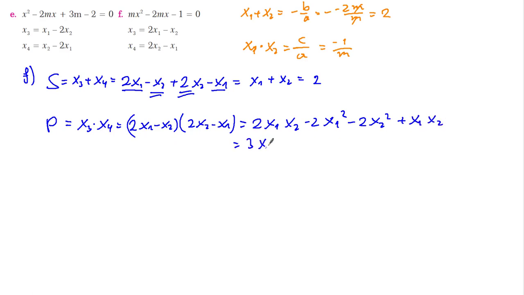So we get 5x1 x2 minus 2x1 squared minus 2x2 squared.